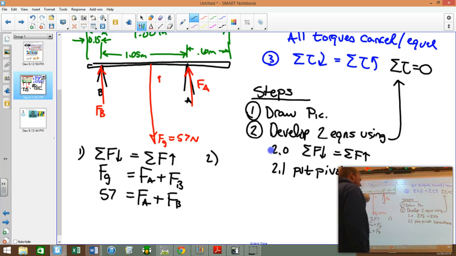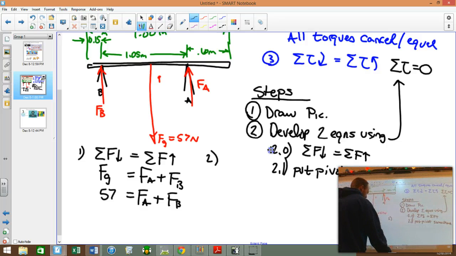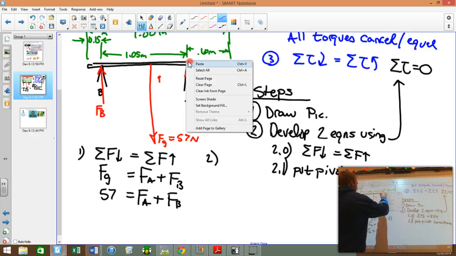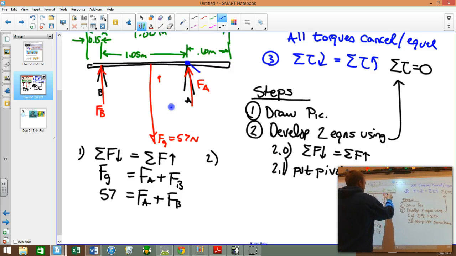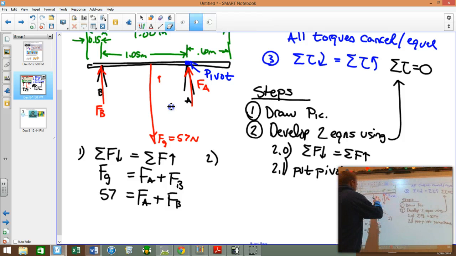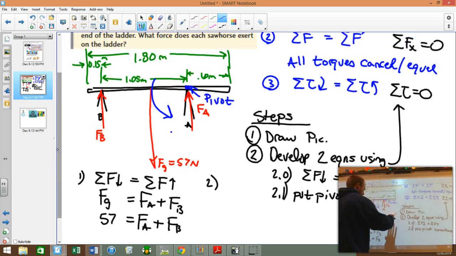Equation number 2. I'm going to use a torque. So I made my first equation, everything down equals everything up, and number 2, I'm going to use the torques. So I'm going to put a pivot someplace, and it doesn't matter where you put your pivot. I would recommend that you put your pivot at an unknown force, and I'll show you why. When you put your pivot at an unknown force, this force right here is cranking this counterclockwise, and this force right here is cranking it clockwise.